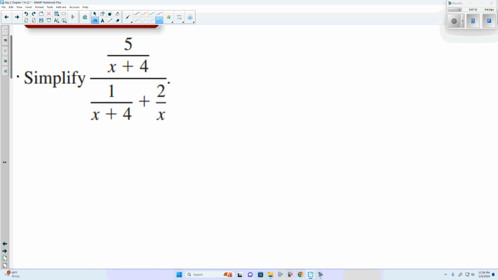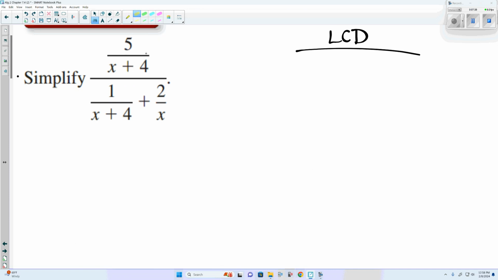All right, we're going to do method 2. Same problem. Now, for method 2, we need to find the least common denominator between our three denominators. If you don't have room underneath, you can write it above it. Different method, doing the same thing again.